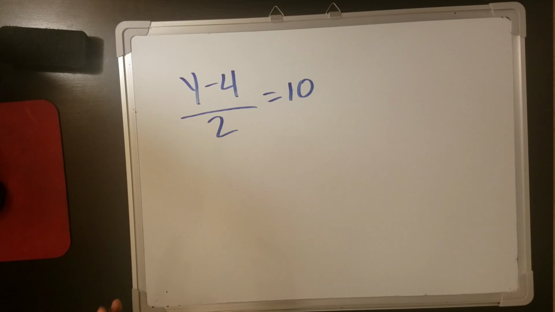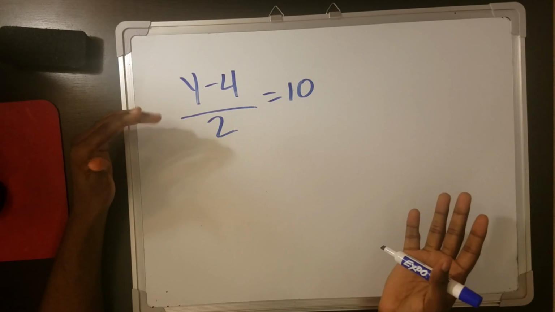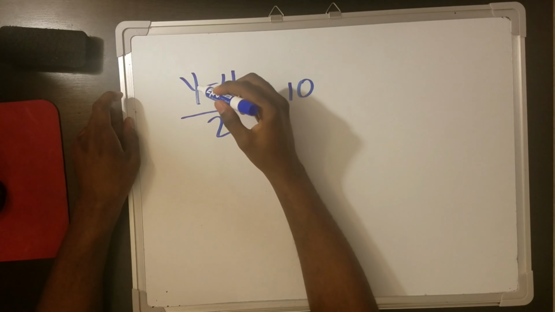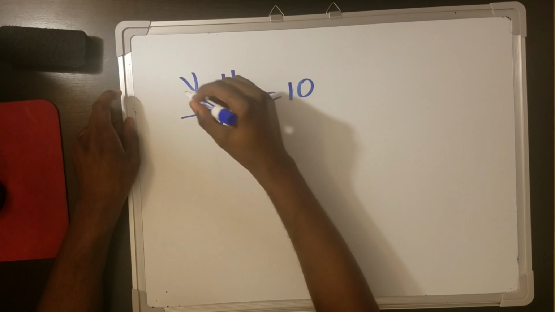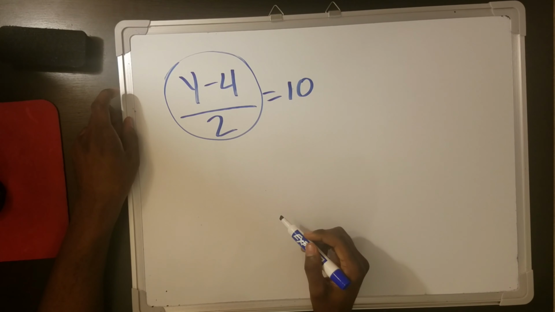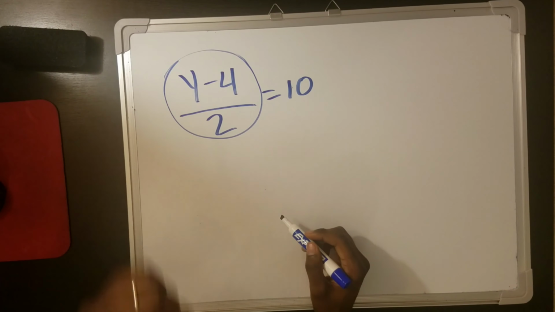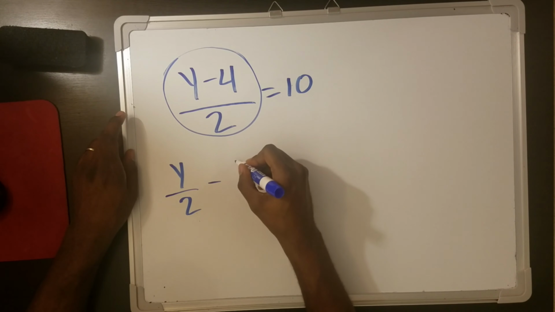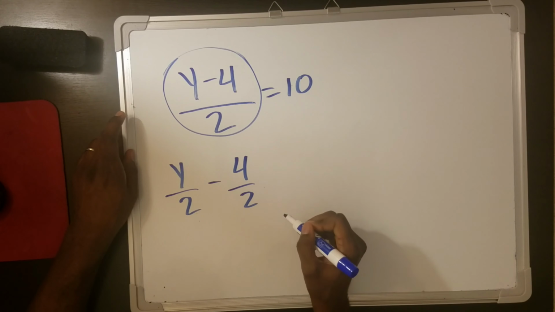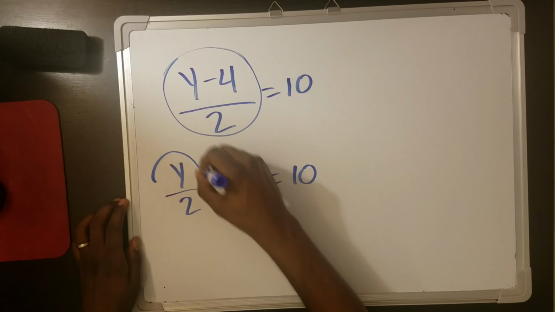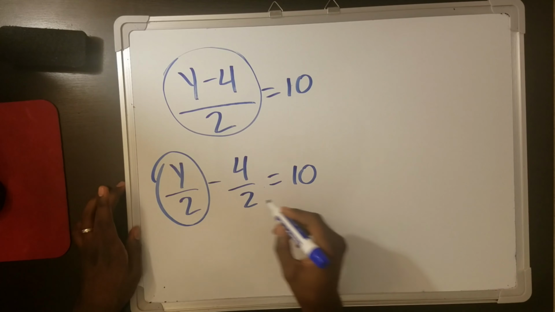And I'm not saying that what I said was necessarily wrong, but this is special because this y is kind of attached to everything here, right? Now, you can easily break this up. Y over 2 minus 4 over 2 equals 10. That's something you can do, and then you can follow the same rules.